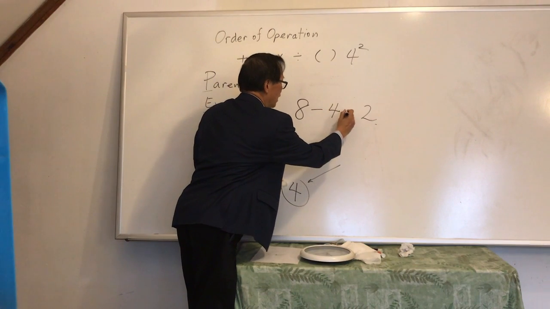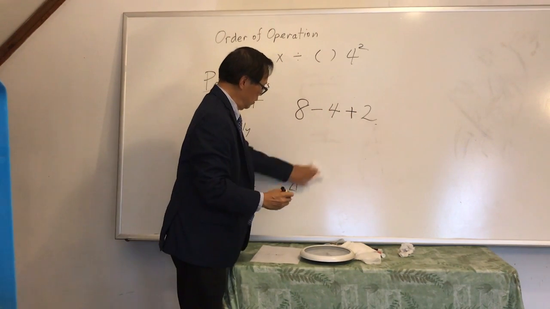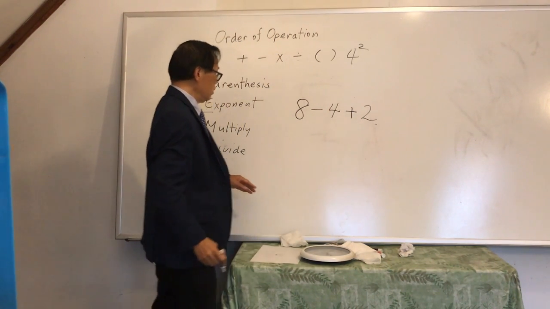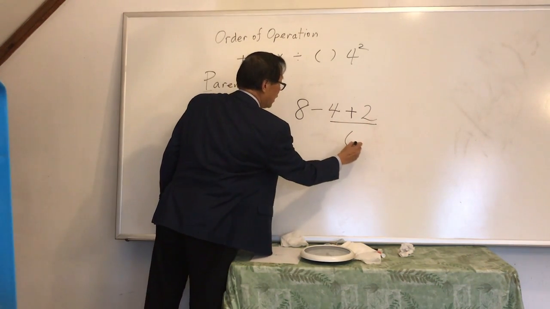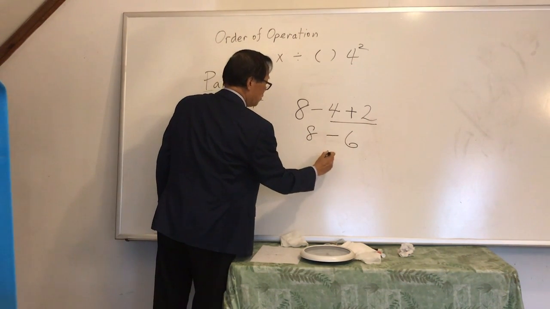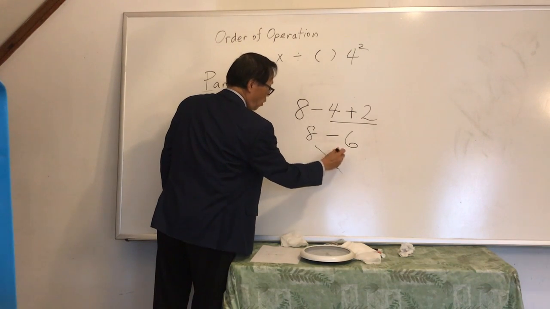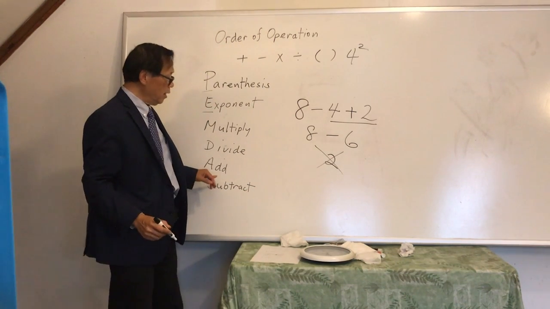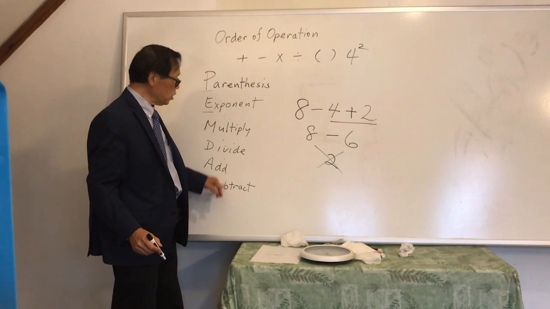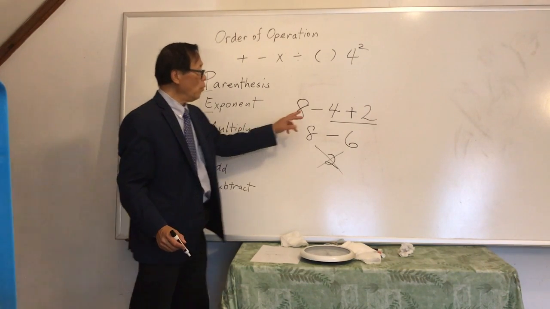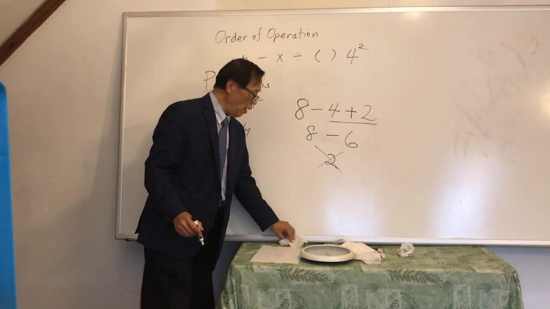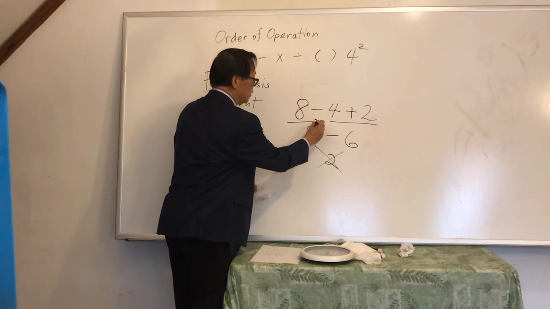Let's say you subtract and add. Strictly speaking, if you add first, if you add 4 and 2, it would be 6, and then you subtract, it would be 2, but this would be wrong. Why? As I said, addition and subtraction, just like multiplication and division, have the same priority. And when you encounter both, you have to do it from left to right.